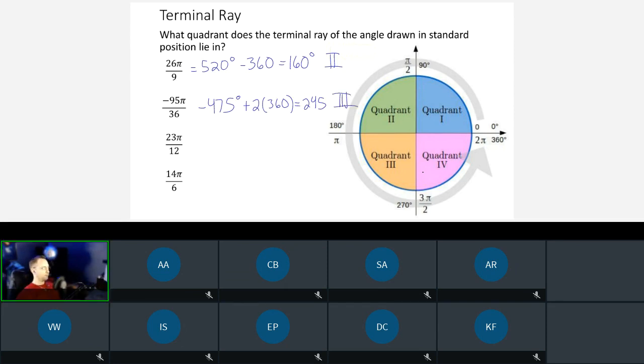Yep. So I'm just going to write the answers for the next 2. So the third one, that's going to be quadrant 4, and then the last one is going to be quadrant number 1. And I'll leave it up to you to figure out those degrees.